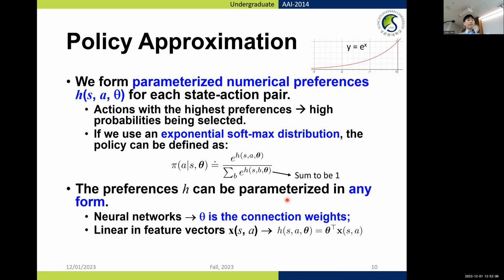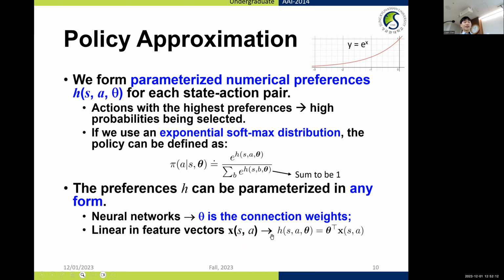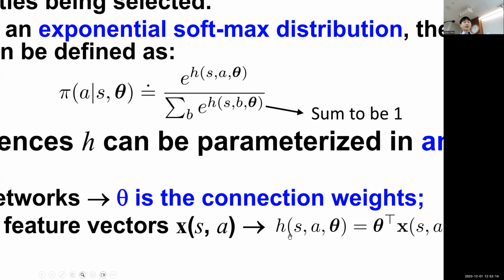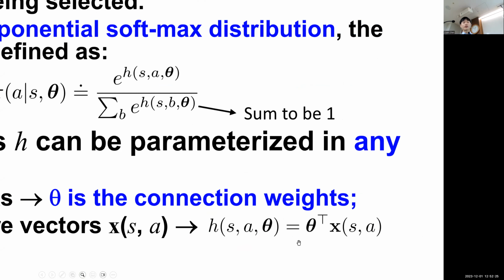It can also be linear in the feature vector. So this x(s,a) just leads to the h(s,a,theta), which you can consider as a feature vector. If it's a linear function, we can directly define it as theta transpose times this feature vector, a dot product.